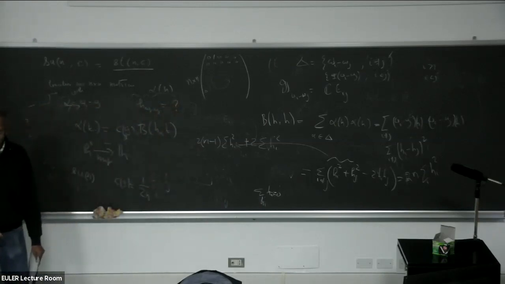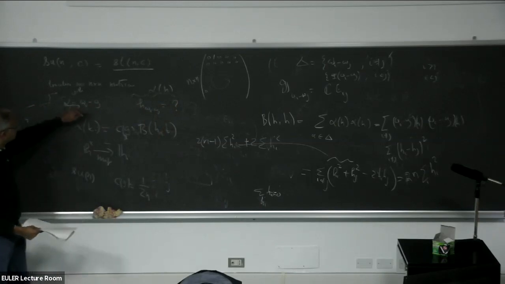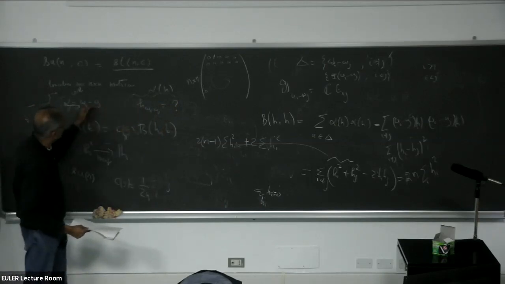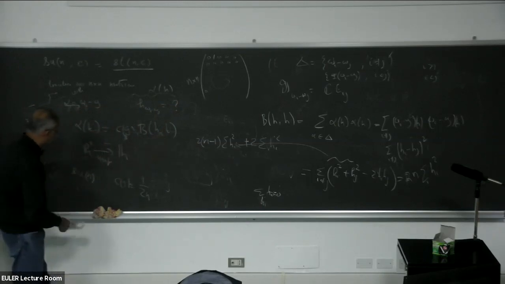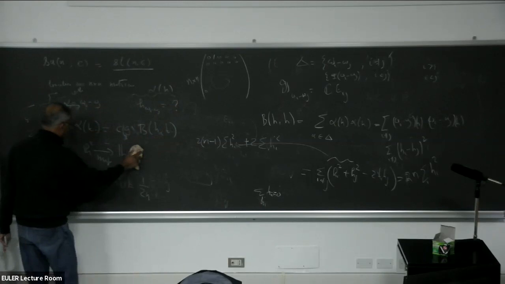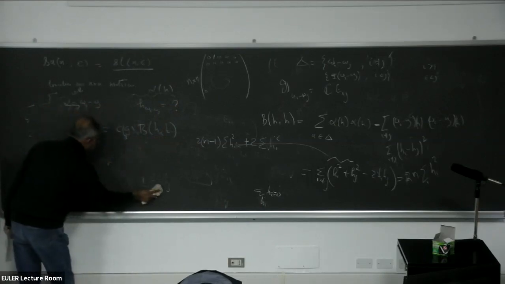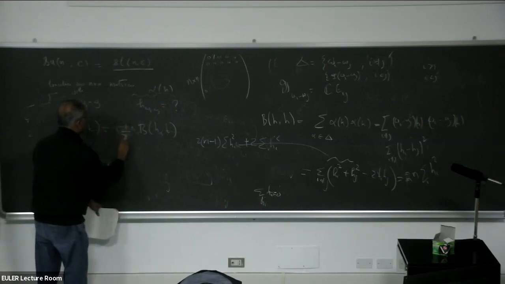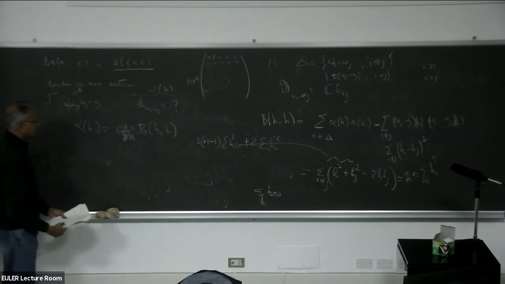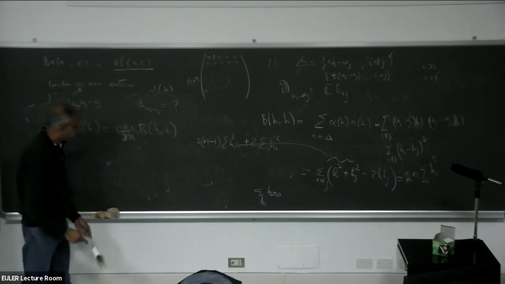That's the question you're asking: which element of the Cartan does this get mapped to? And the formula is here. So we can use this. C_G is now 1 over 2n. So we want to find now what is h_alpha.